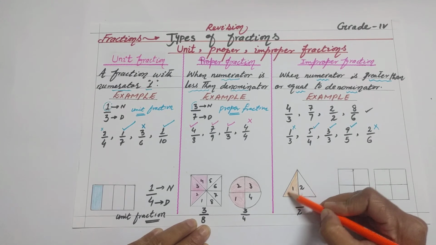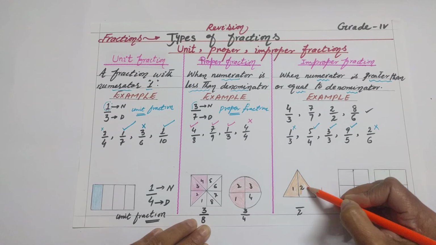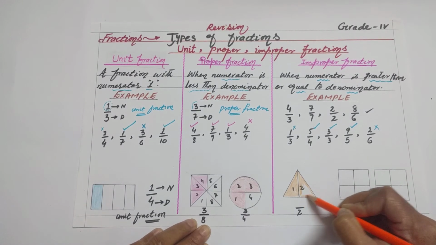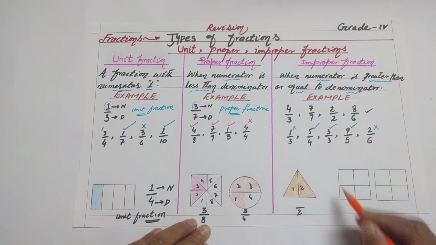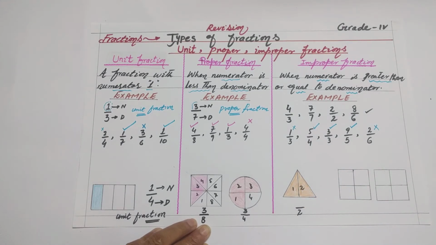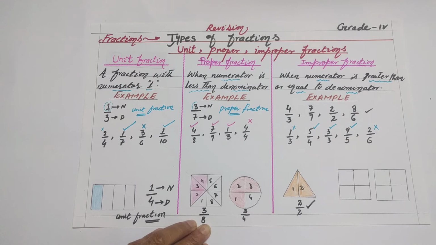So if I use 2 out of 2 equal parts, the whole is divided into 2 equal parts and I am also using these 2 parts, so it means the numerator is also equal to 2. So the denominator is 2, the numerator is 2, because I am using the 2 parts. It means this one is an improper fraction.